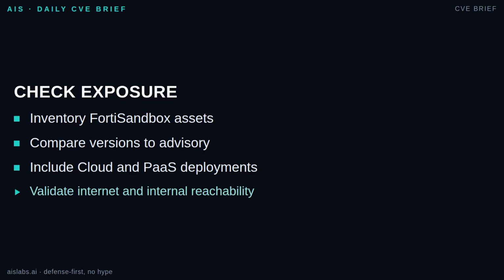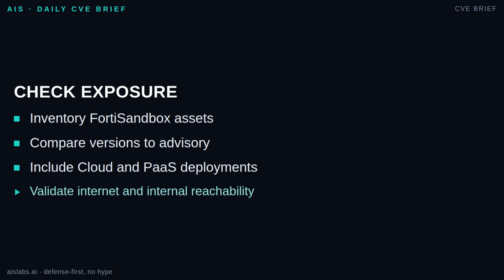The NVD description lists affected ranges for FortiSandbox 5.0.0 through 5.0.5, 4.4.0 through 4.4.8, 4.2 all versions, FortiSandbox Cloud 5.0.4 through 5.0.5, and FortiSandbox PaaS 5.0.4 through 5.0.5. For exact applicability, upgrade guidance, and any product-specific notes, defer to Fortinet's advisory. Do not rely only on procurement records. Check what is actually deployed.